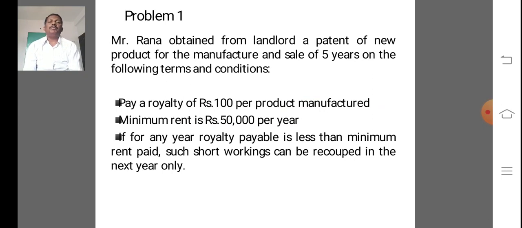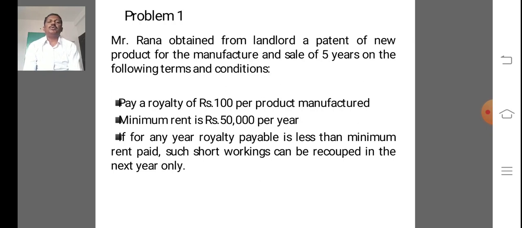Take problem number one. Mr. Rana obtained from a landlord a patent of new product for the manufacture and sale of 5 years on the following terms and conditions. Pay a royalty of rupees 100 per product manufactured.